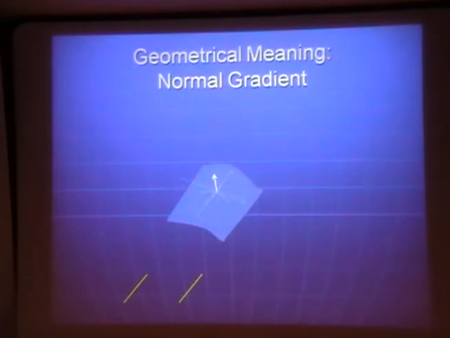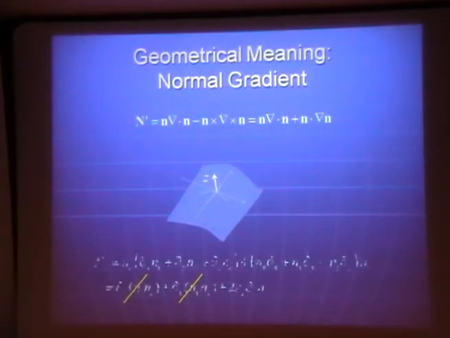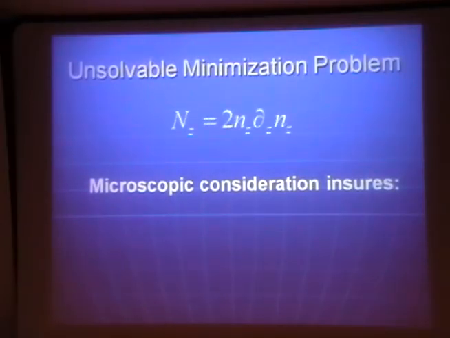With this manipulation, we can immediately see that this gives rise to a contribution that is only dependent on the normal derivative of N. So all the lateral derivatives are put into the saddle-splay. And this normal derivative makes the minimization problem unsolvable.